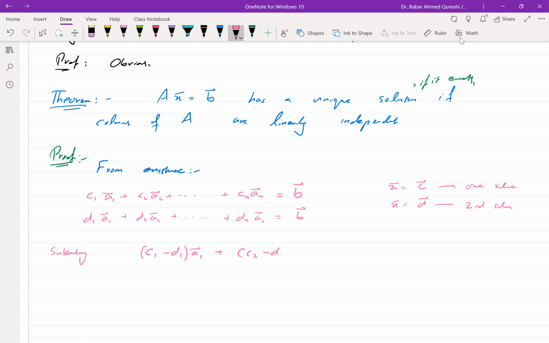There is a corollary for this. Well, I can change this theorem a little bit.